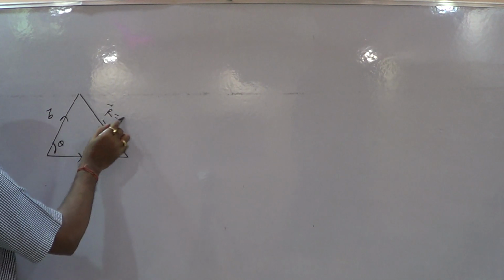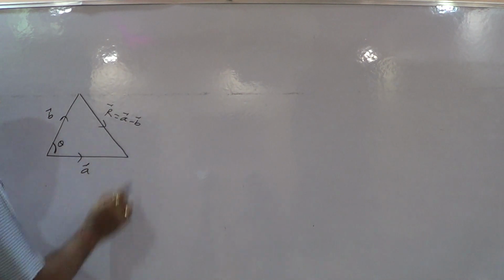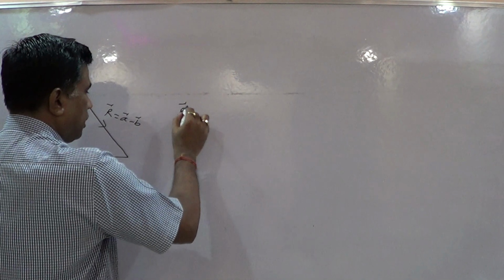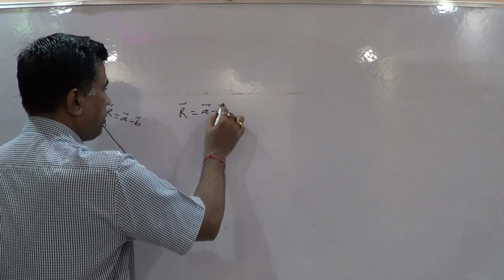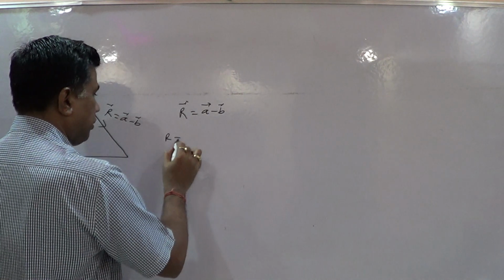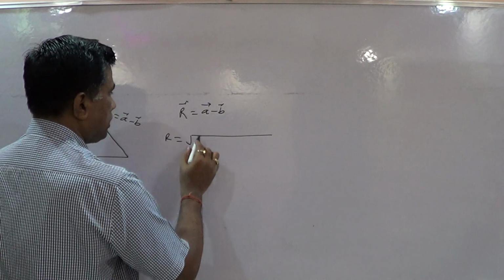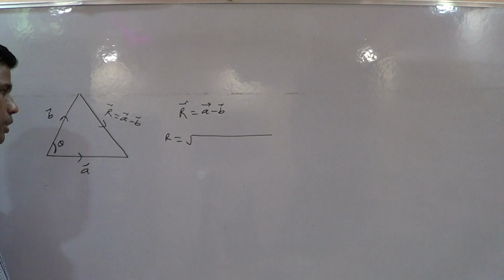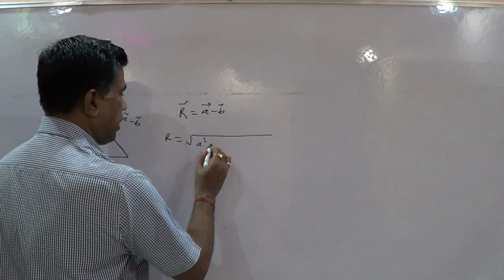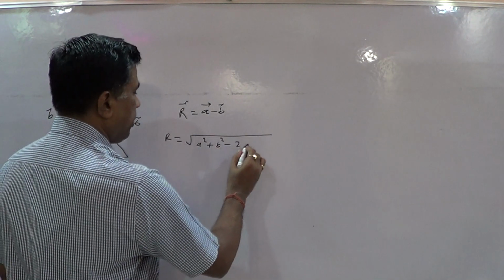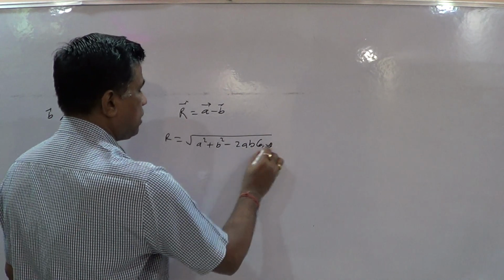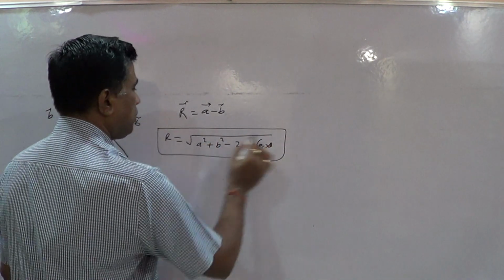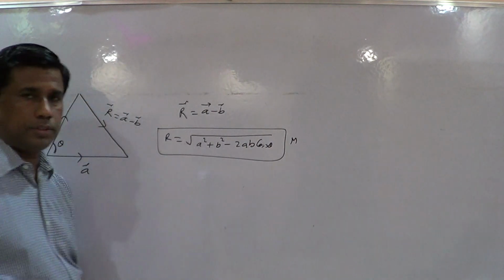So this is r, which is equal to a minus b. Student, as soon as you write this a minus b, you should write immediately a formula just below it, that is, if r equal to a minus b, so magnitude of r is square root of a square plus b square minus 2ab cos theta. I discussed in previous video. This is the magnitude of difference of these two vectors.